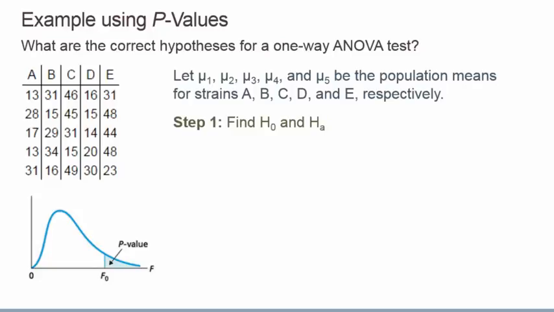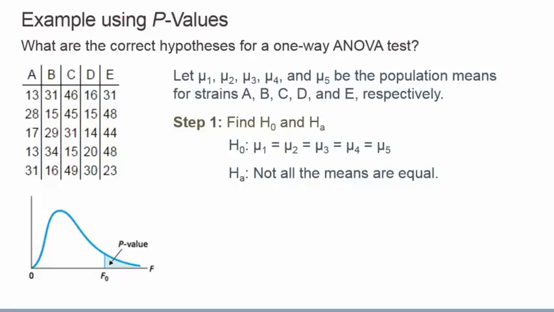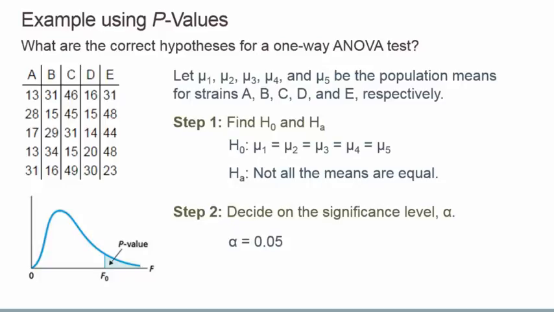Step 1. Find H sub 0 and H sub A. H sub 0 is mu sub 1 equals mu sub 2 equals mu sub 3 equals mu sub 4 equals mu sub 5. H sub A, not all the means are equal. Step 2. Decide on the significance level alpha. We were told in the original problem that alpha is 0.05.